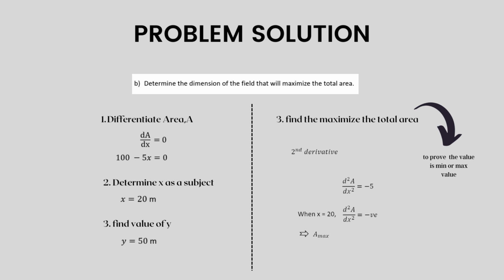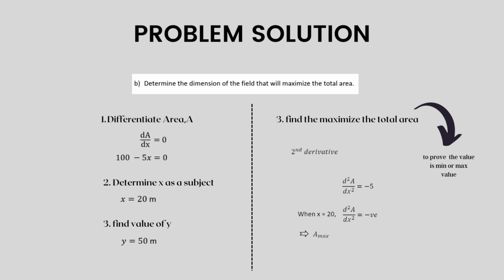When we get the value of x, we need to do the second derivative test. The second derivative test is done to check whether the value of x that we get is a minimum or maximum value. If our second derivative is greater than 0, then it is a minimum value, otherwise it is a maximum value.